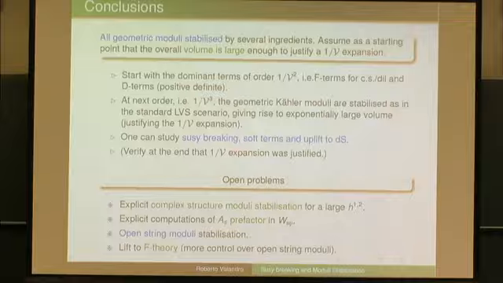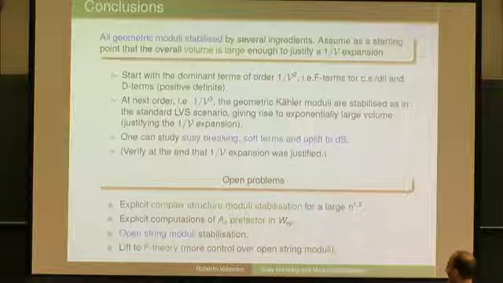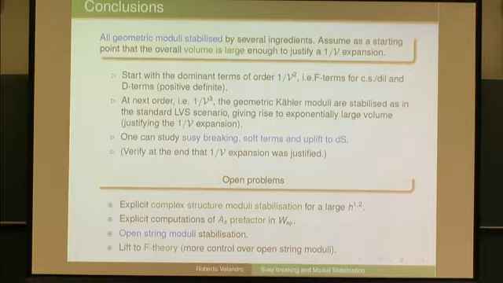Now, open problems, because this thing is not ended. First of all, it would be nice to have an explicit complex structure moduli stabilization. Here we have just said, okay, the complex structure will be stabilized. Generically, they will be, but if you know the exact value of the stabilized point, then you can compute what is GS and W0 that are realized at this minimum.